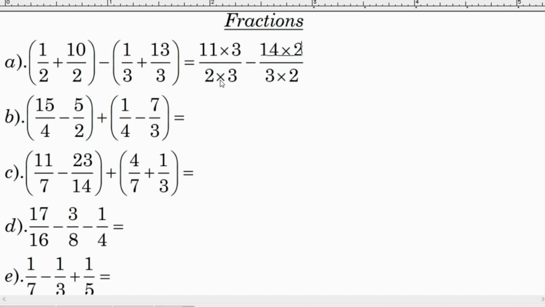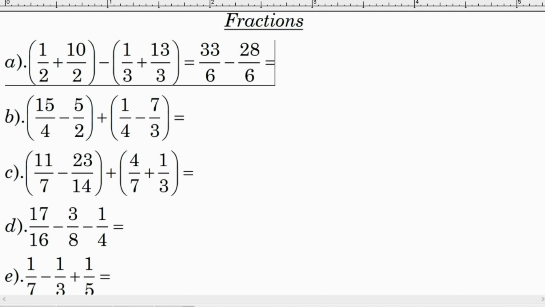Okay, so now we have 2 times 3 which is equal to 6, and here is also equal to 6. So what about here? Which is equal to 33. And here 14 multiplied by 2 is equal to 28. So now we have the same denominator, which is 6.